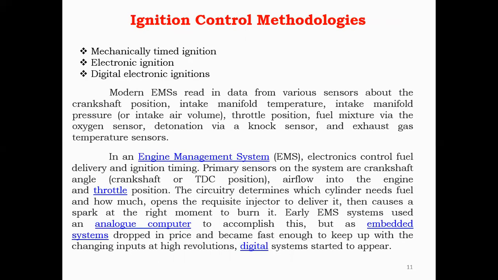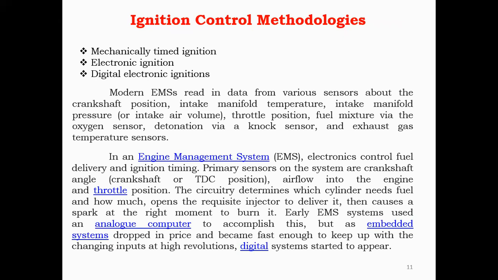Ignition control methods are mechanically timed ignition, electronic ignition, and digital electronic ignition. A modern EMS reads data from various sensors about the crankshaft position, intake manifold temperature, intake manifold pressure, throttle position, fuel mixture via the oxygen sensor, detonation via the NOx sensor, and exhaust gas temperature sensor.